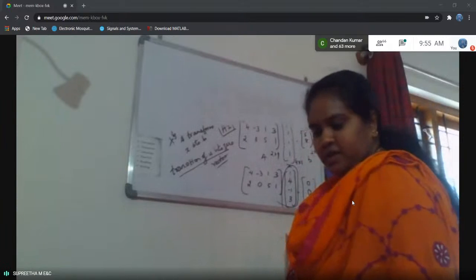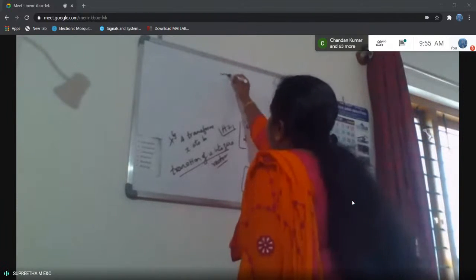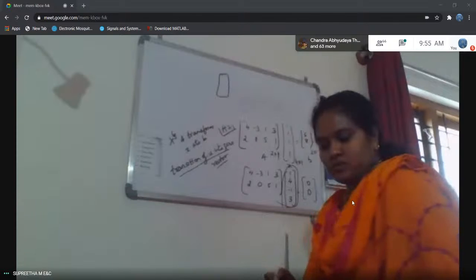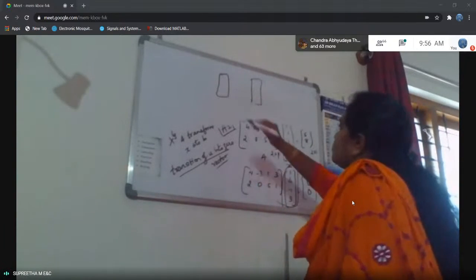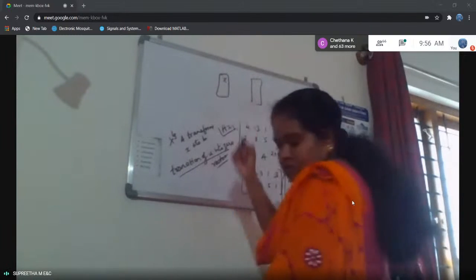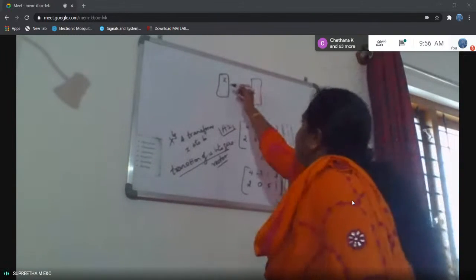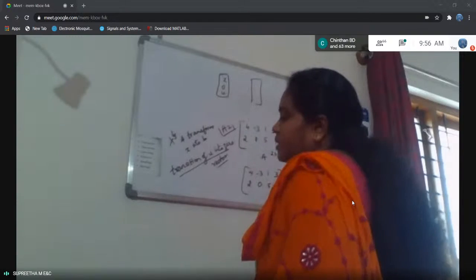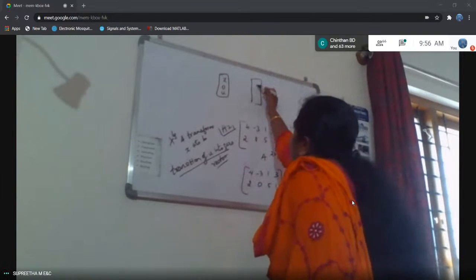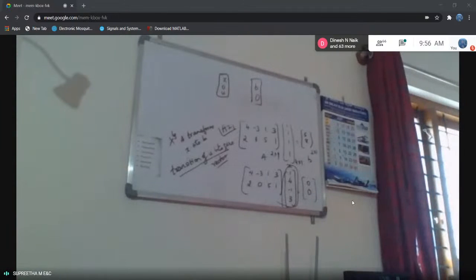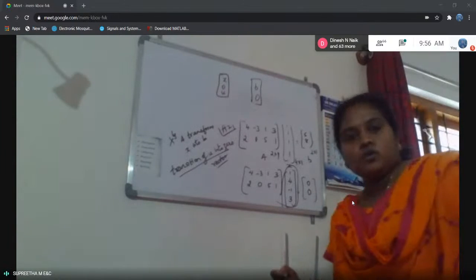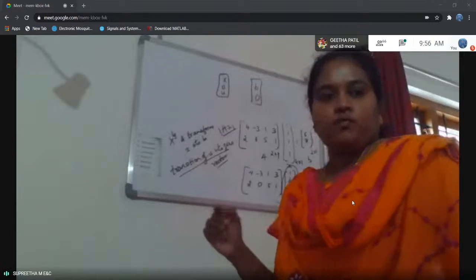If I try to represent that in a simpler manner, if this is my set or a function, these are the set of x vectors. Then I have a 0 vector and also the U vector. And I would get either B or a 0 vector. B can be any 2 cross 1, 2 column vector.